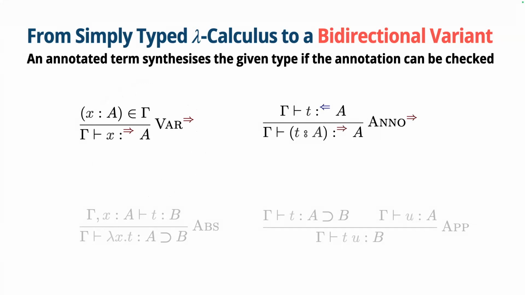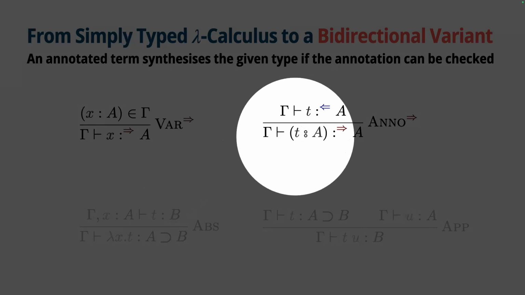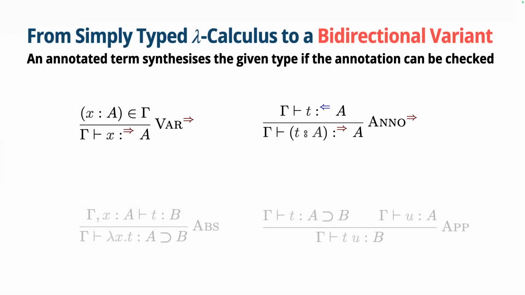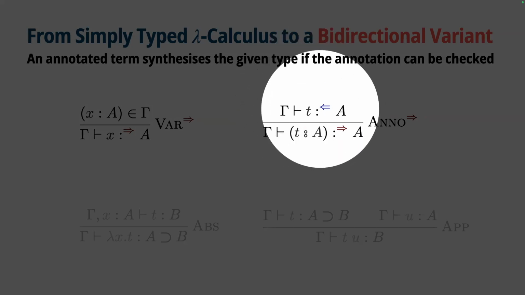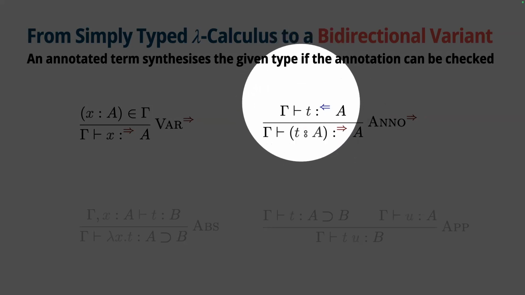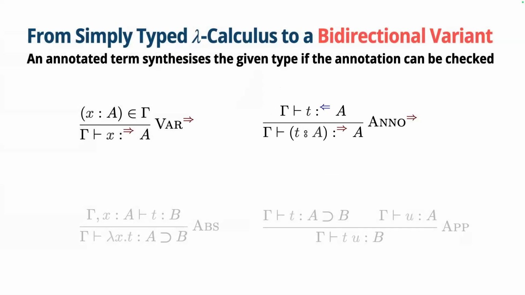And the next one is this. Given a term with the annotation A, since we already know that this type is A, we can use this information to check the type of T, if that's really A. If that's the case, then we can return to the user that, okay, you are right.